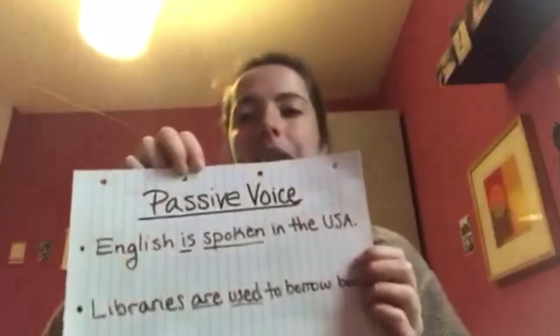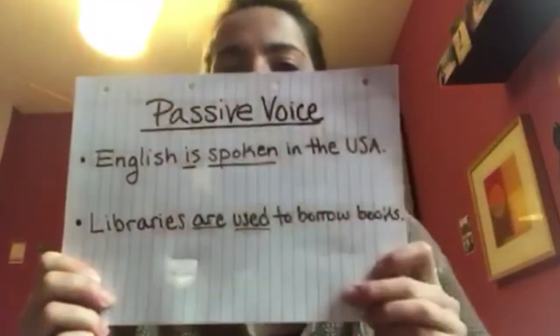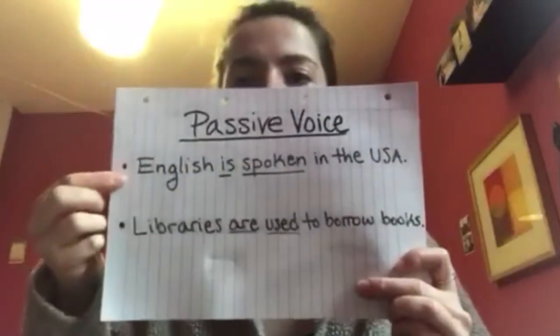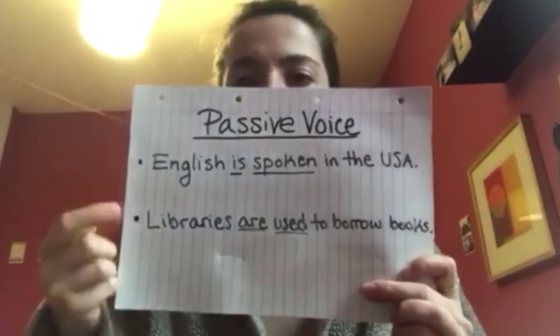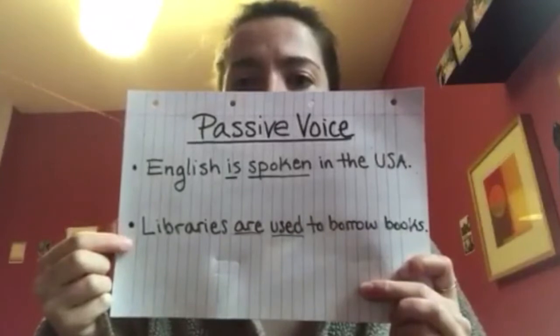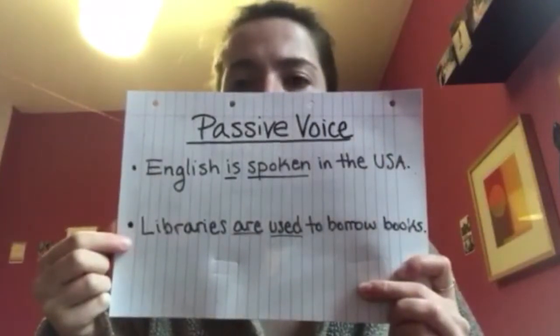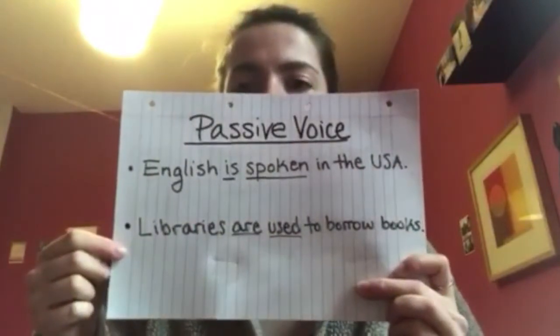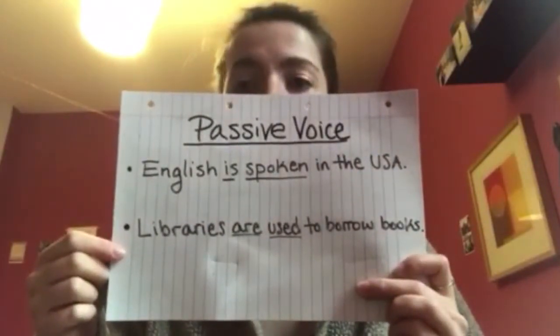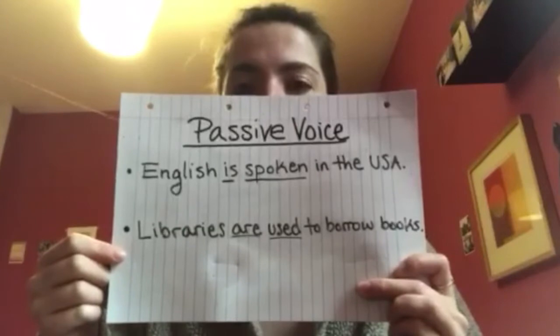Let's review the third reason we use the passive voice. We can use it to speak about an action in general. For example, English is spoken in the USA. Libraries are used to borrow books. In both of these cases, the subject are people in general.